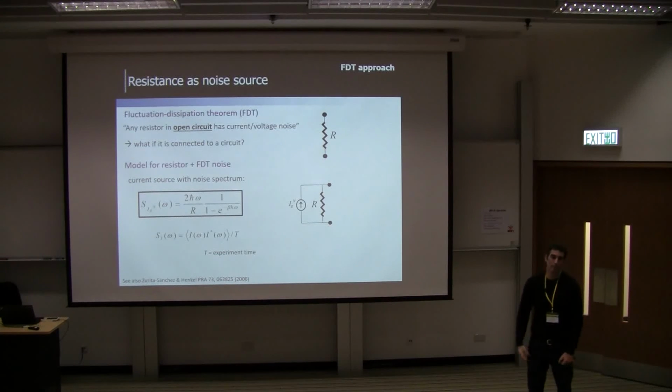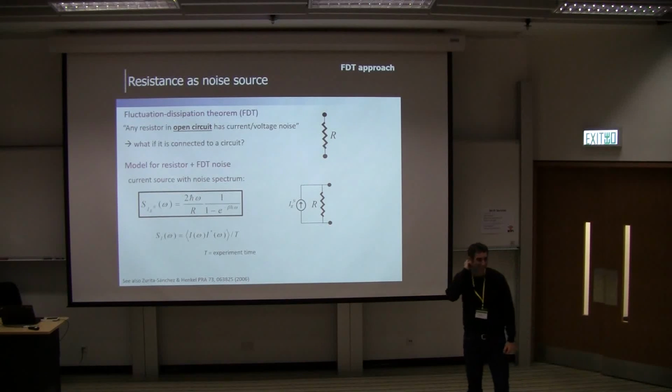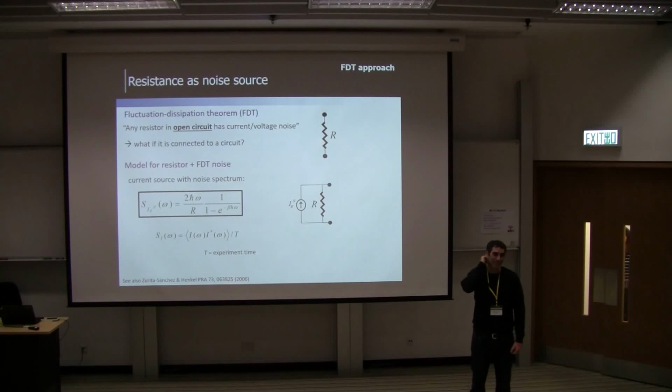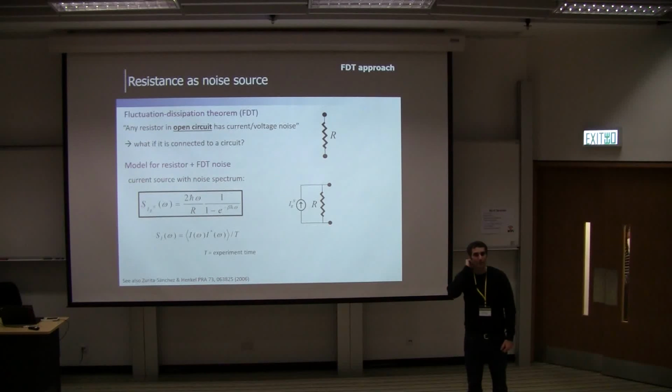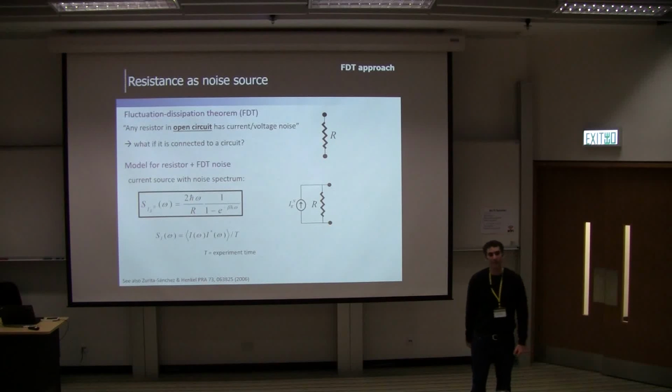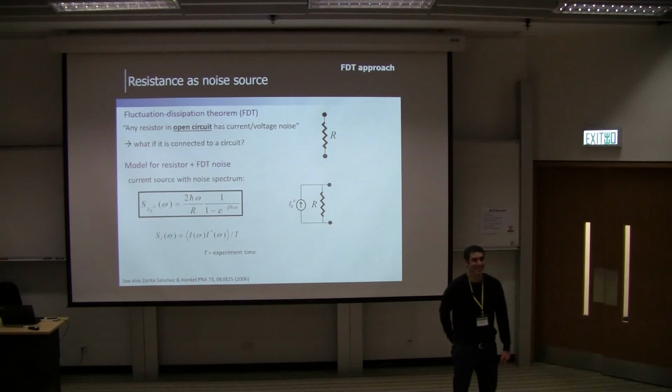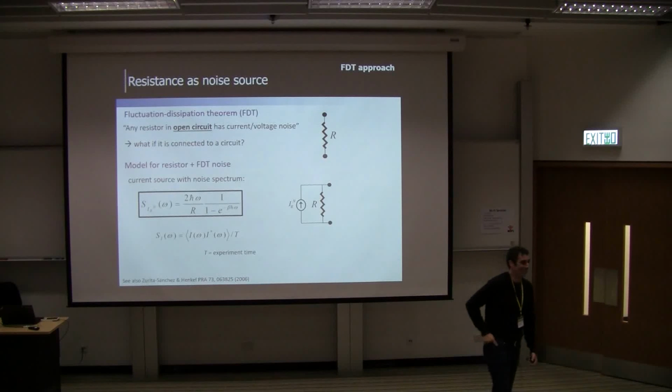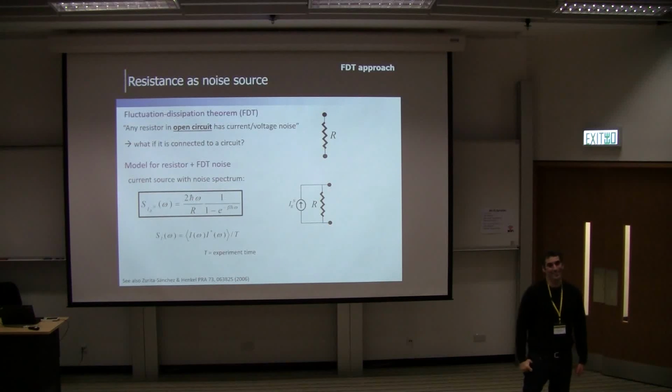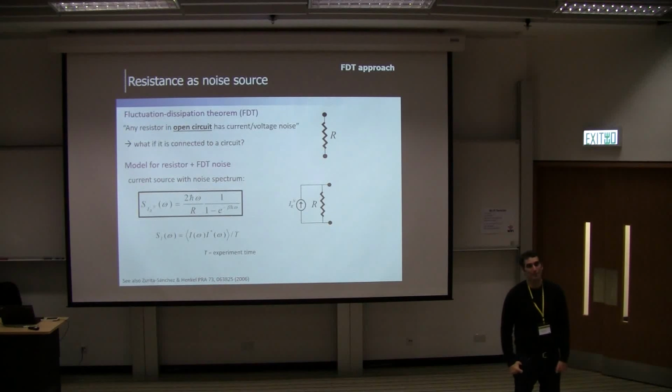Yes, Francisco? Just a precision. If you look at the paper of Nyquist, where he described the Johnson noise in 1928, you will find that it's not only at finite temperature, it's also with the Planck spectrum.